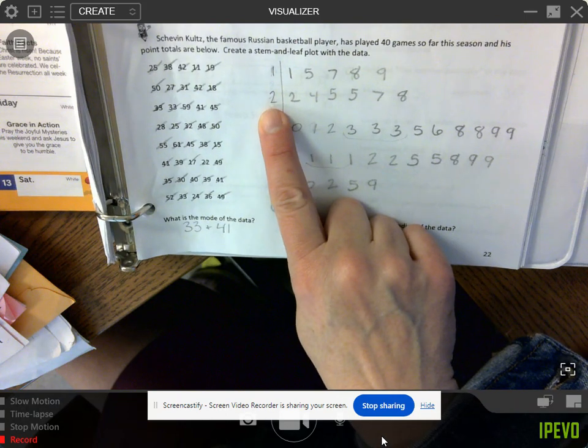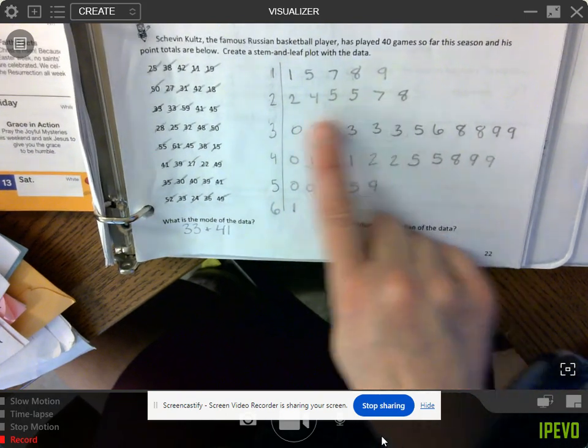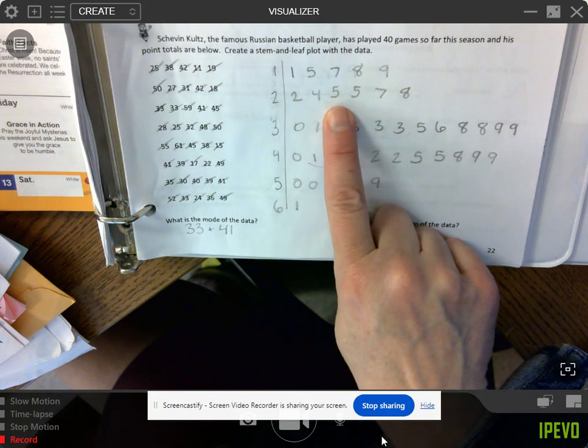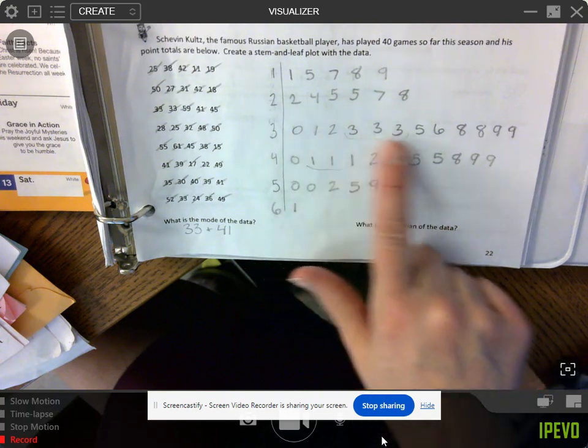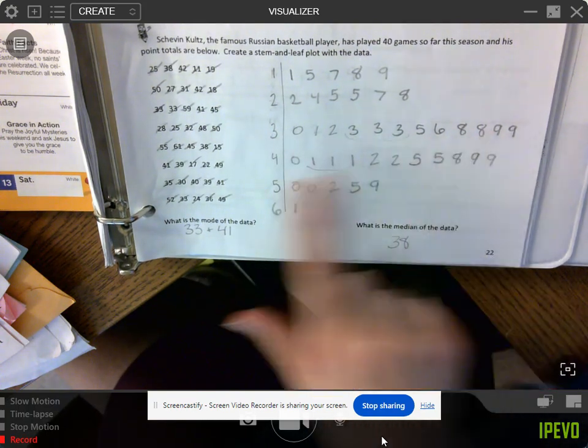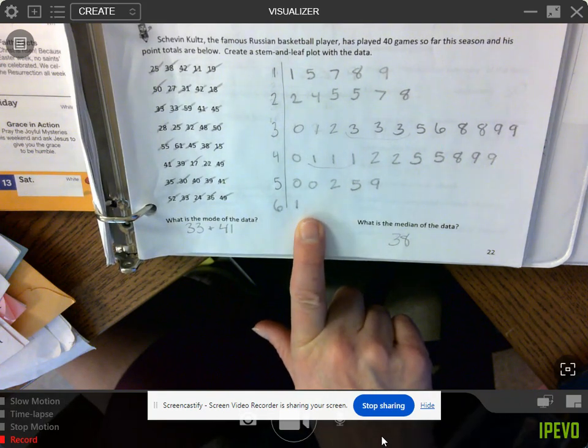Just like where we have the 2 in the stem place, we know these numbers stand for the 20s: 22, 24, 25, 25, 27, 28. So you had to make sure that you put all the 30s in this row, all the 40s in this row, 50s in this row, 60s in this row.